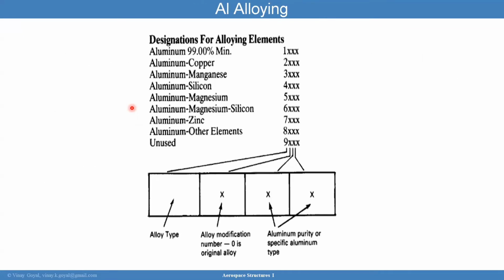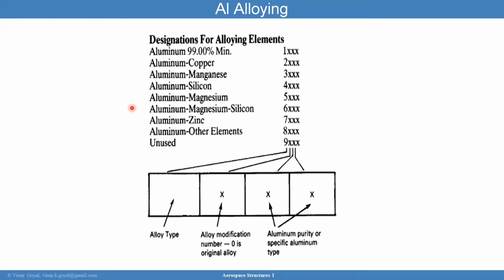And what I want to show you now is the alloying that takes place. The alloying that takes place is combining aluminum with other materials to tackle the issues that I discussed earlier, like corrosion, galvanic corrosion, and so forth.